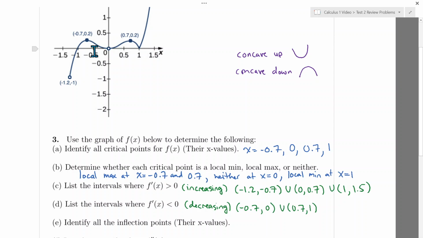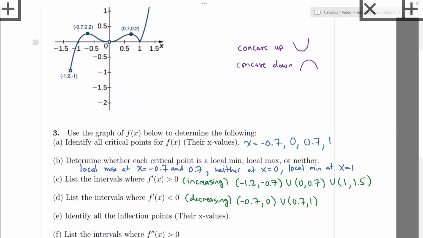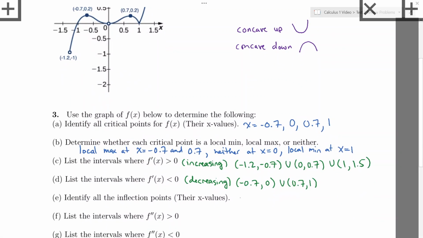Here again we're just trying to approximate, right? It doesn't have to be exact, but it should be around where it should be. So let's say around negative 0.4 is where it changes from concave down to concave up. So there's an inflection point at x equals negative 0.4.